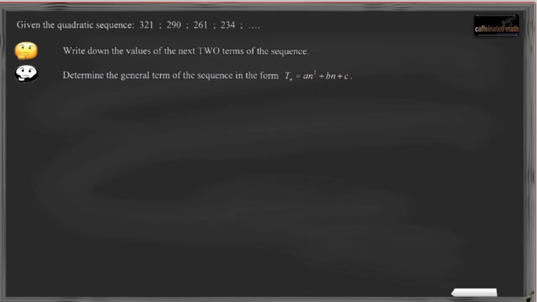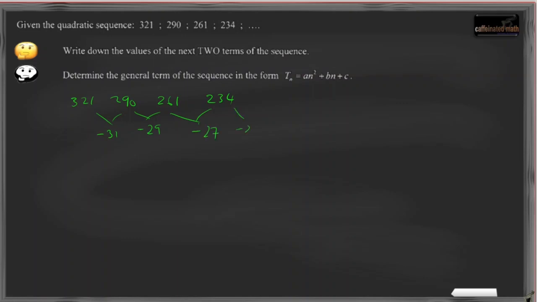we have a sequence that is going down in value, which means if we keep subtracting, we find the following.